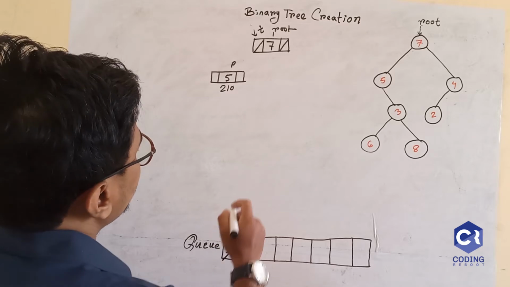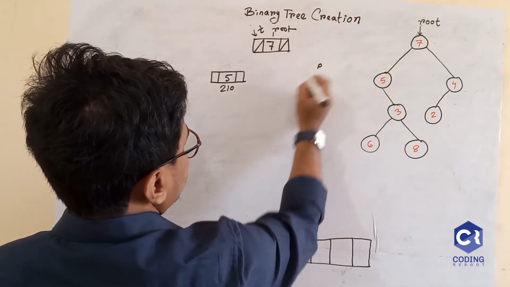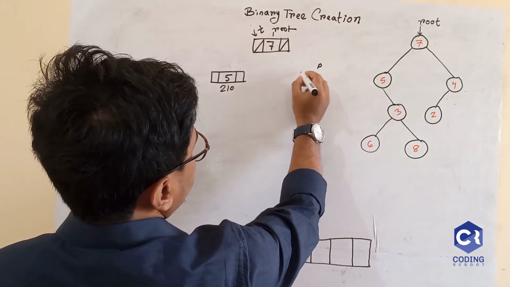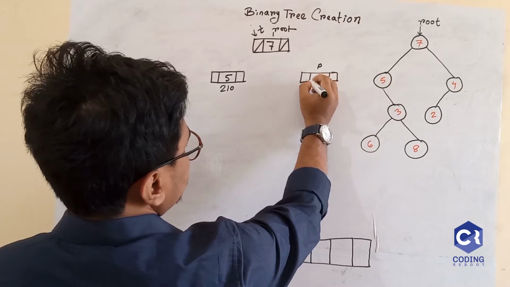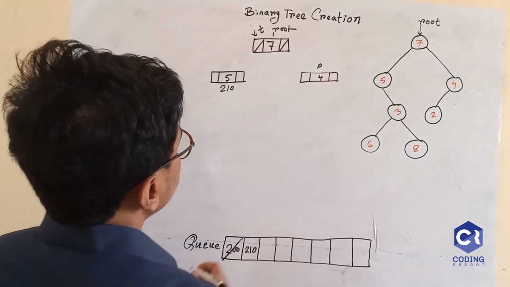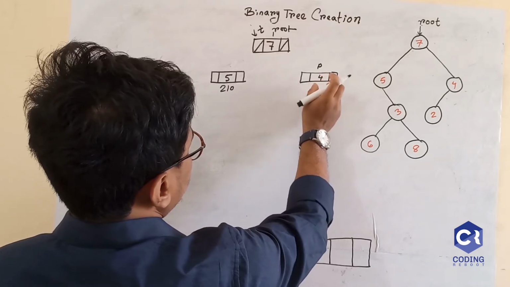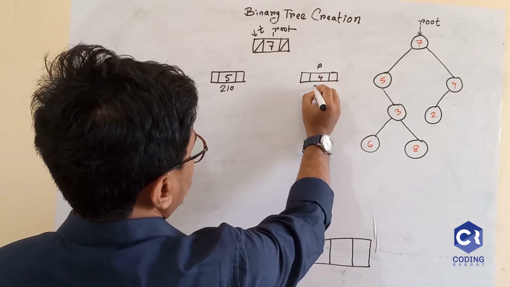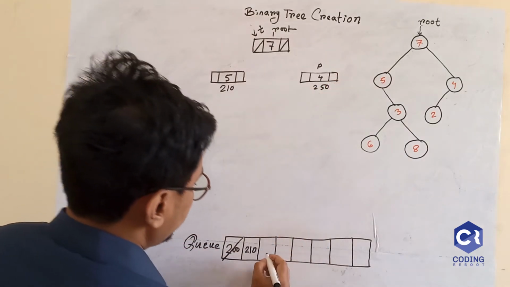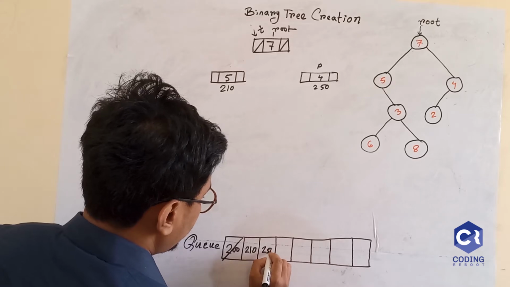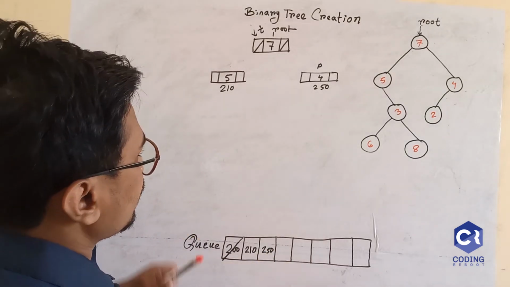So we're going to create another new node using our temporary pointer P, and insert 4, and suppose the address of this new node 4 is 250, and we are going to insert this 250 into our Q data structure.